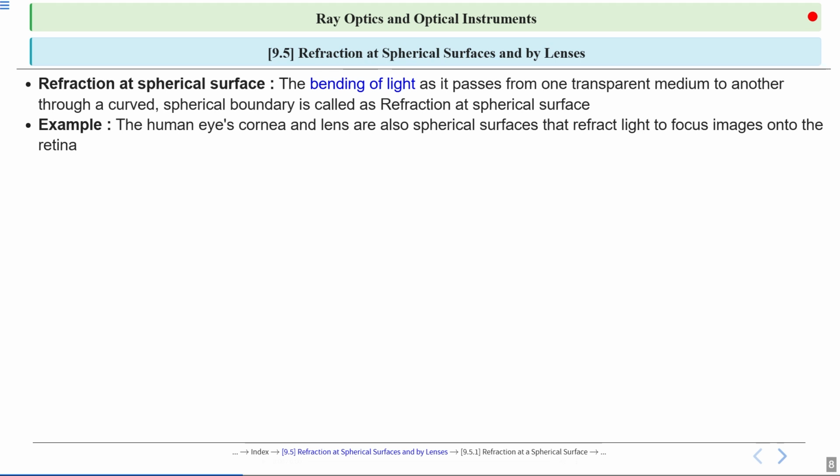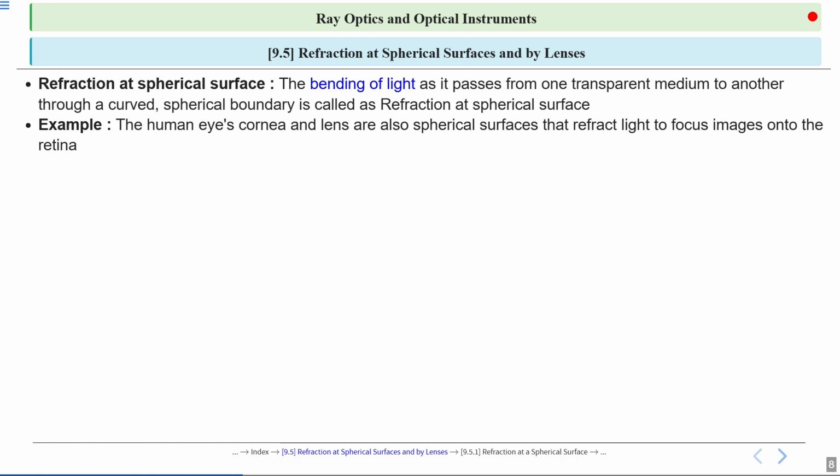It is not plane. It acts as a spherical surface that refracts the light to focus the image onto the retina. Also the lens present in your eye is a convex lens, and both surfaces of the lens are spherical.